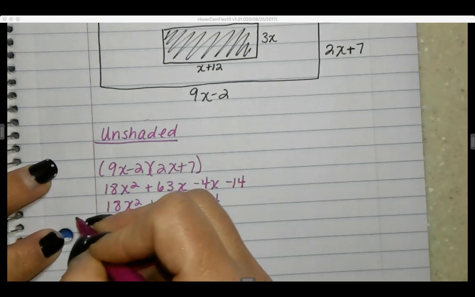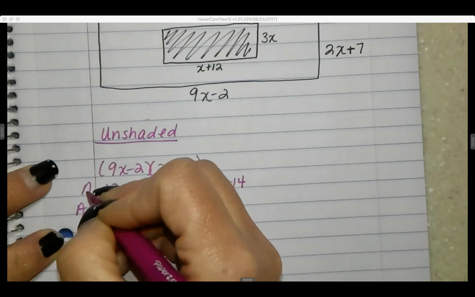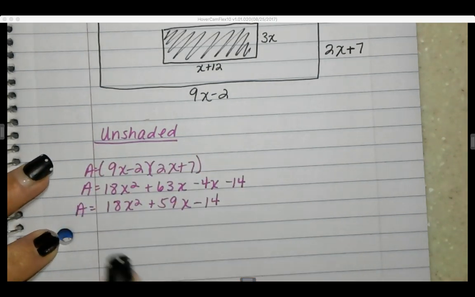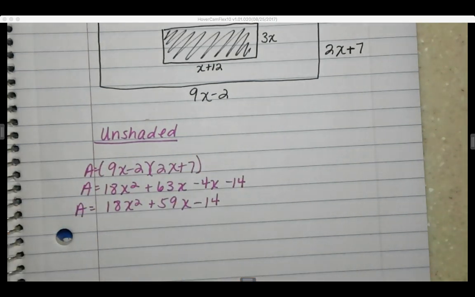So that is the area of the, I should be putting A equals, so sorry. That is the area of the unshaded rectangle as if it were complete.